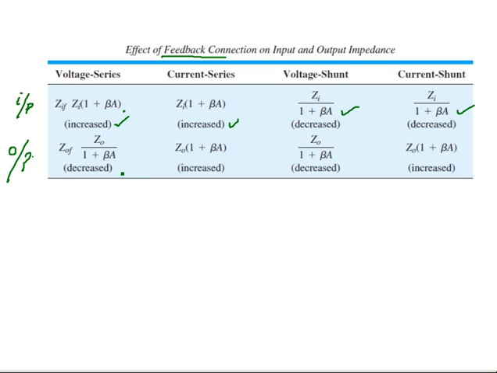Output impedance is decreased for voltage series by a factor 1 plus beta A, and it is increased by a factor 1 plus beta A for current series, and for voltage shunt feedback it is decreased by a factor 1 plus beta A, and for current shunt it is again increased by a factor 1 plus beta A.